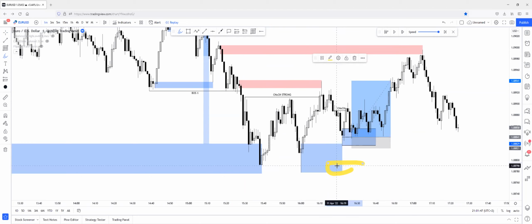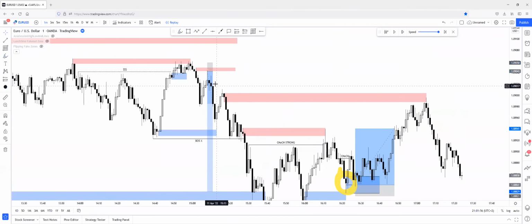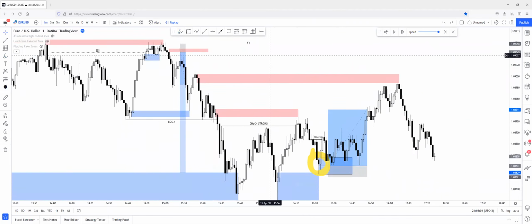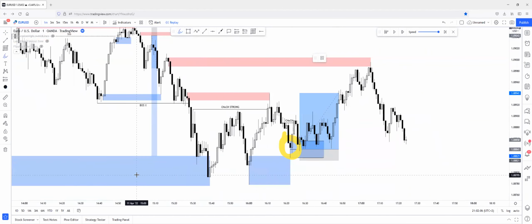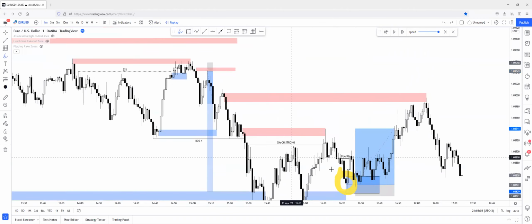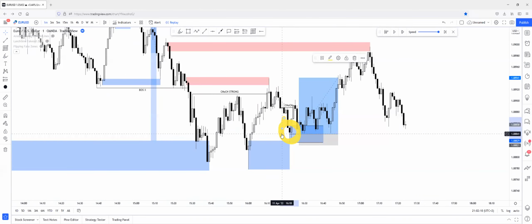More likely I wouldn't open any position if there's liquidity right here, so close to our entry point. But this trade is similar to this trade right here. Above this trade, there was liquidity, but the POI, the supply zone, wasn't directly part of the liquidity. This is similar to this trade. There was liquidity right here, but this POI, this 1 minute demand zone, wasn't directly part of the liquidity, as you can see. So there was lots of room between the liquidity and the entry point.